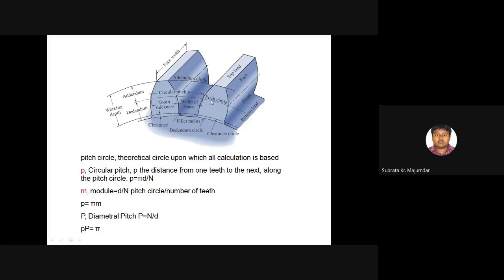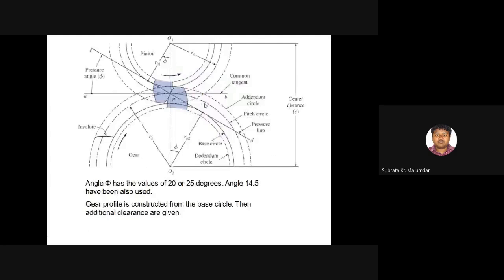Suppose here we are observing a single pitch circle, and suppose the gears are in mesh. Look here, this is a pitch circle, and this one has another pitch circle, and this point P is where the two pitch circles meet, and it is known as the pitch point.